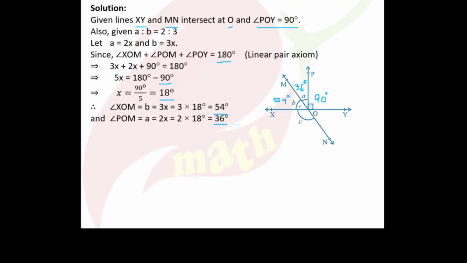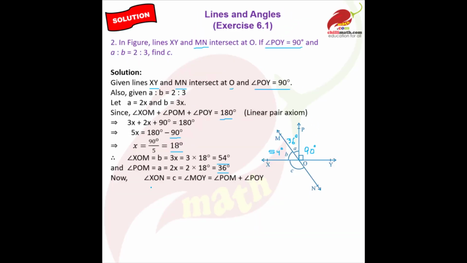Now XON, C, is equal to POM plus 90, that is A plus 90, because they are vertically opposite angles, which are equal to 36 plus 90, that is 126.